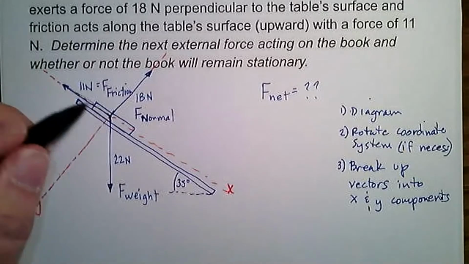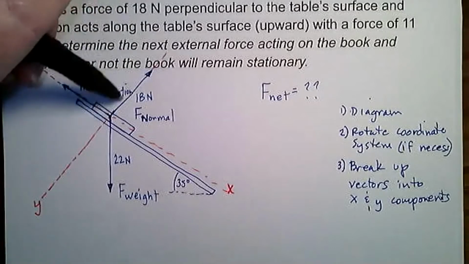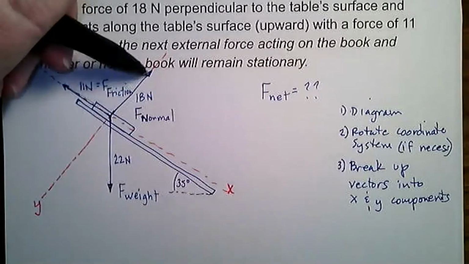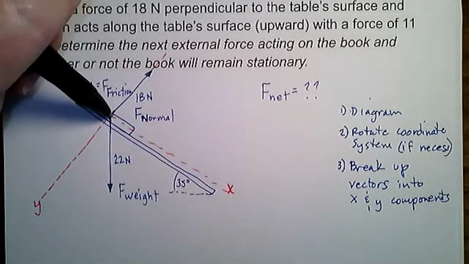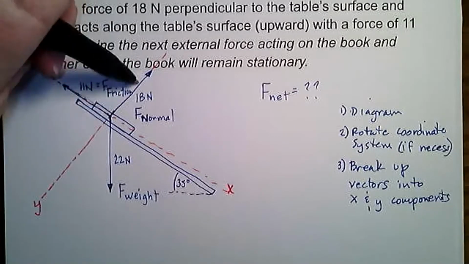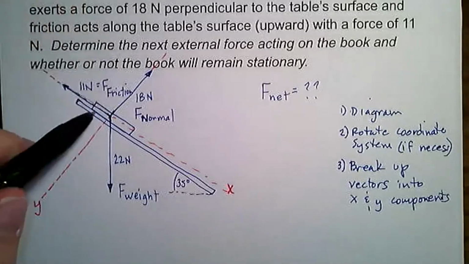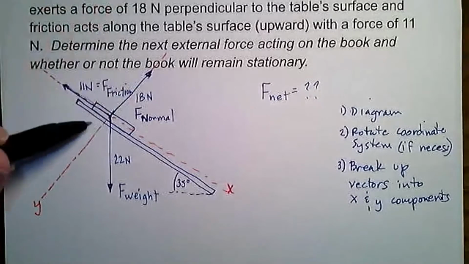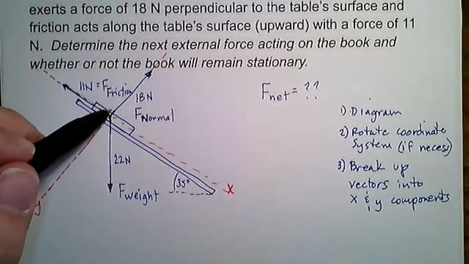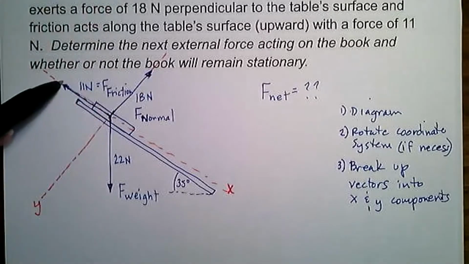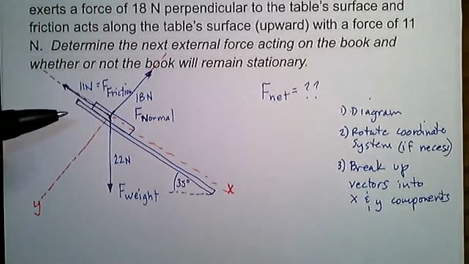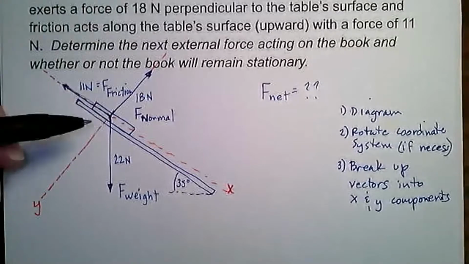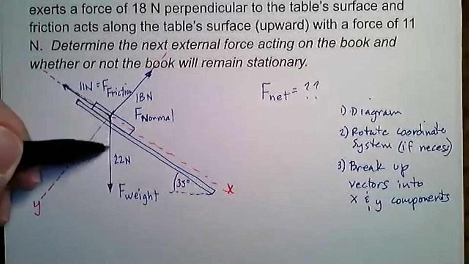This one here, the normal force that's going up here, I don't need to break it up either because it's totally in y. So I've got one vector that's already totally in x, another that's totally in y. That's why we rotated the coordinate system, so we don't have to break both of these up. And the only one that I need to worry about breaking up then is this force of weight right here.